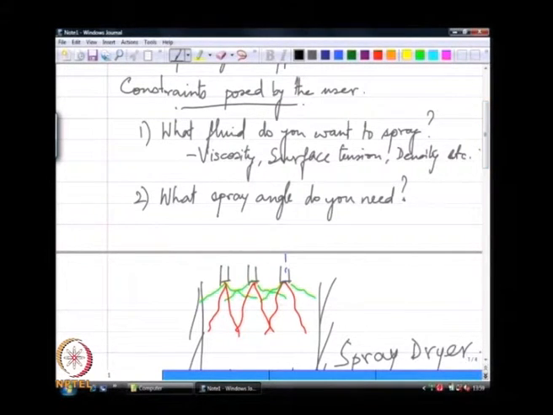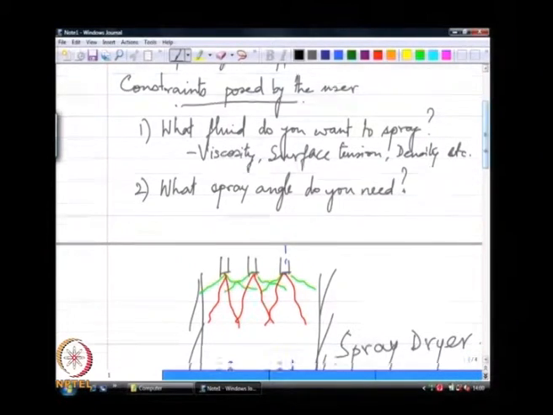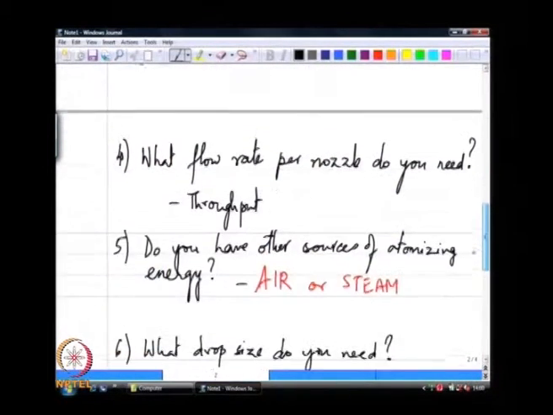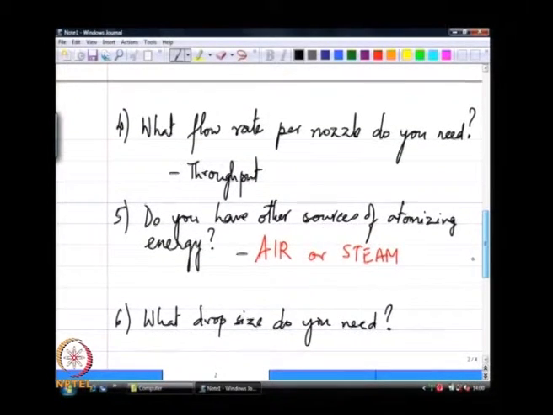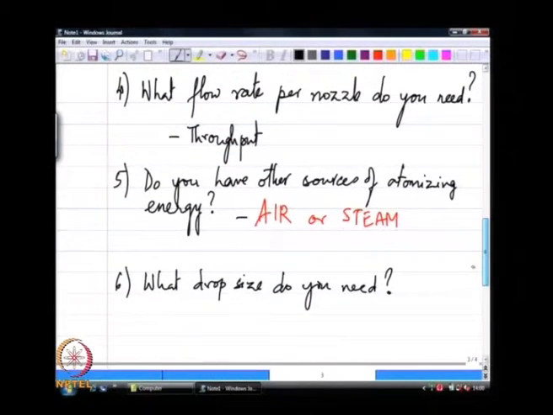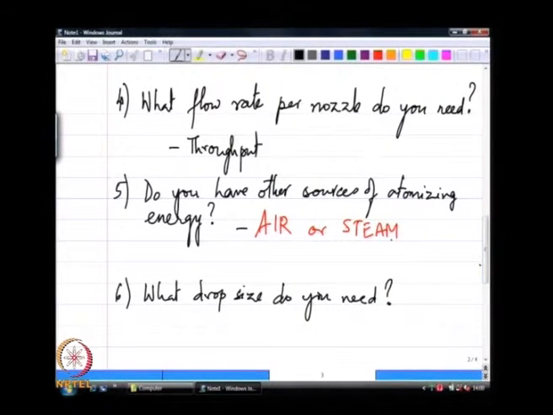So, once you gather this information, the first question that is of importance is number 5. Okay, the first question that you should use in the selection process is number 5.